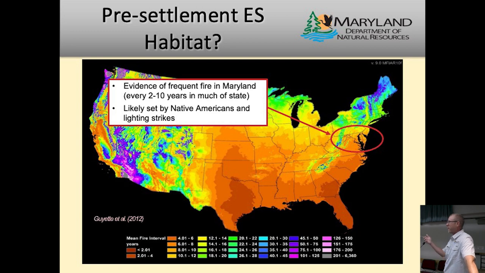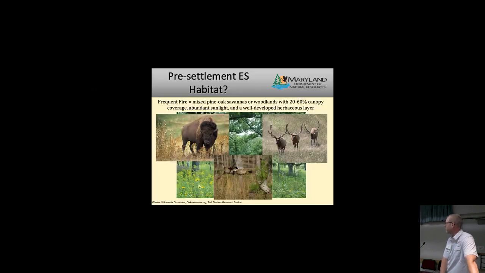And the folks that were on the fire down in Dorchester last week, how far would that fire have burned if we hadn't controlled it? And there were roads there, luckily. But yeah, lightning strike fires are still happening, and they would have really altered the landscape historically. So in my mind, of course we don't really know, but what would it have looked like?